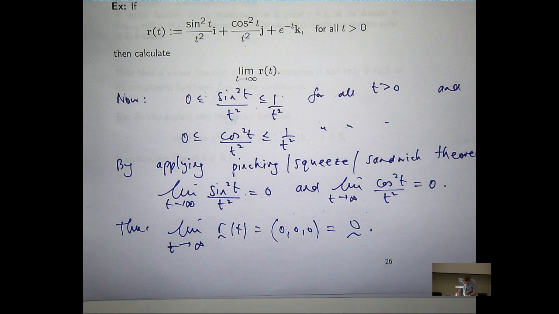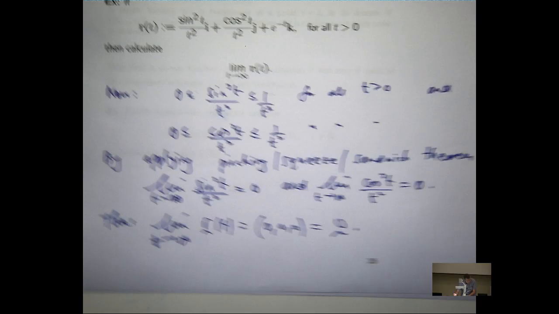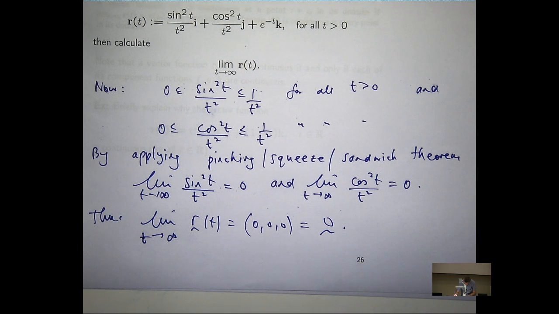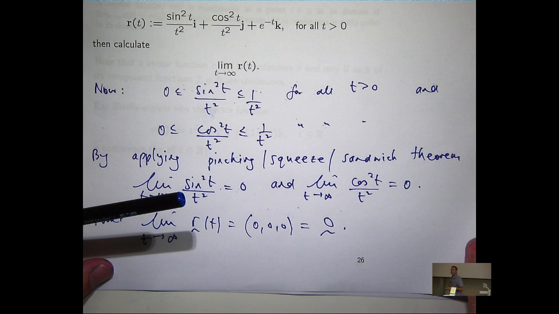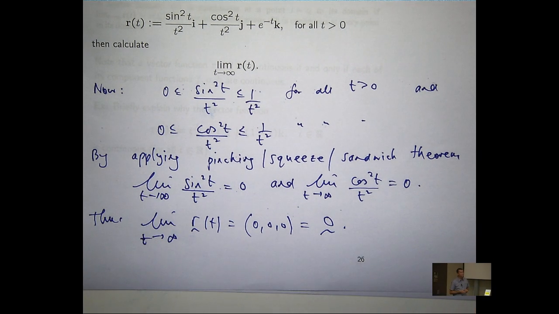Okay. So again, this is just an illustration of applying first year techniques to the individual component functions. So you can do that. That's an important thing to recognise. Okay, any questions for that one?